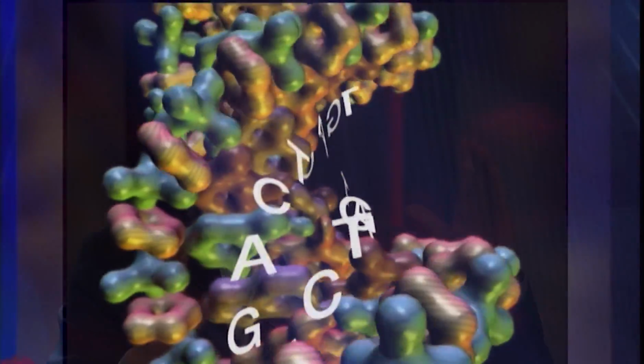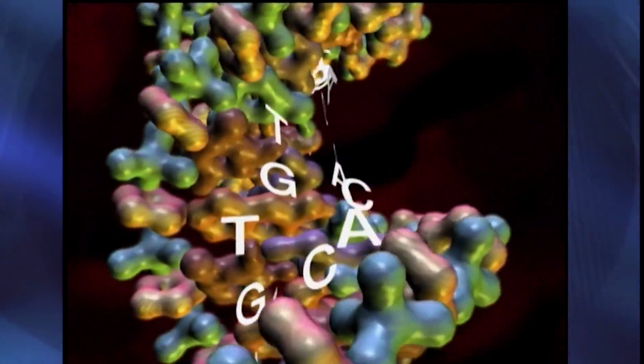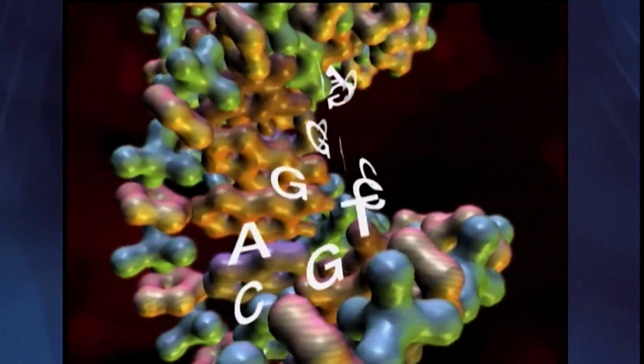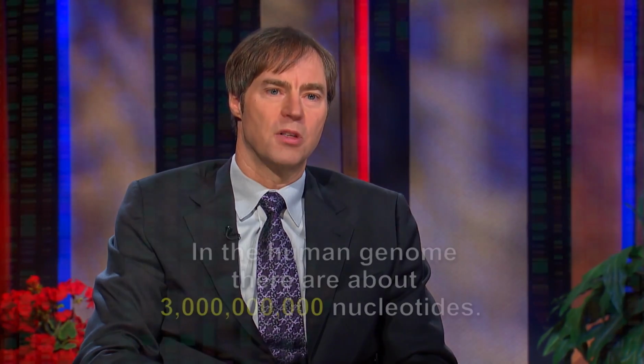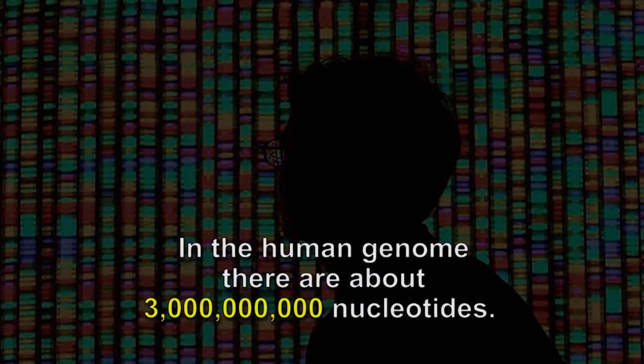So what you have on the DNA molecule is literally digital code that provides instructions for building the crucial parts of cells that allow all life to exist. When you go down that spine, how much information is there? Well, in the human genome, there's about 3 billion nucleotides.